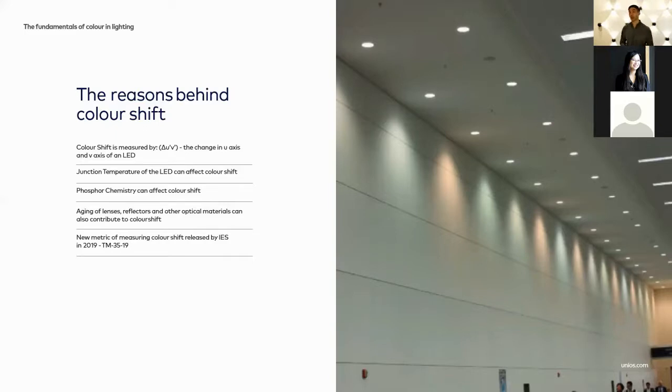But something that you may not have considered is the LED source is generally governed by a housing of some sort, be it a downlight, be it a profile, you name it. And within that housing, we use materials like lenses, reflectors, diffusers, and each one of those different factors can contribute to color shift. Why?